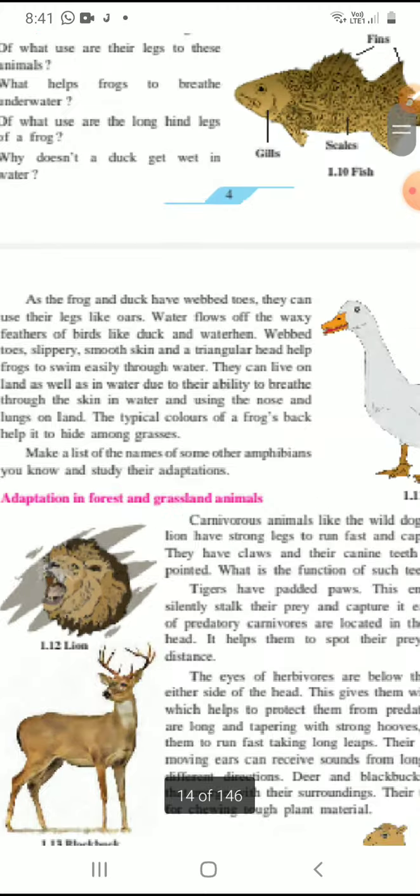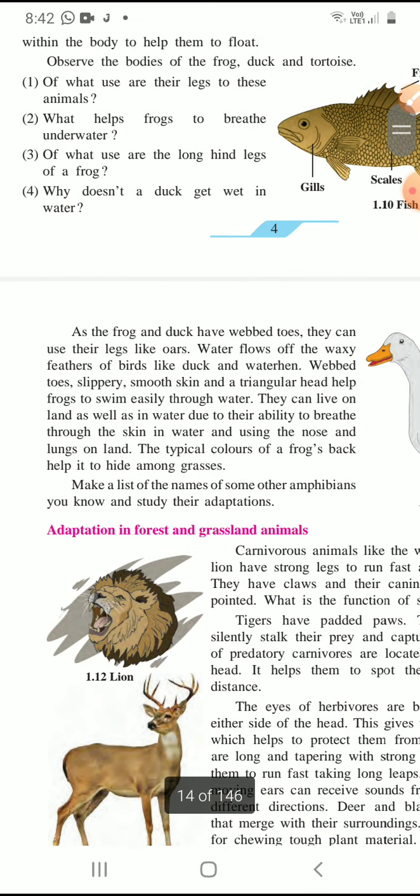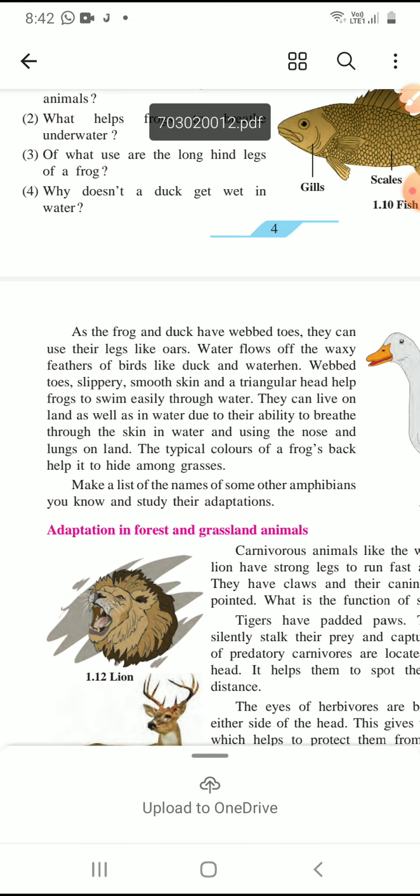As the frog and duck have webbed toes, they can use their legs like oars. The waxy feathers of birds like duck and water hen, webbed toes, slippery smooth skin, and a triangular head help frogs to swim easily through water.